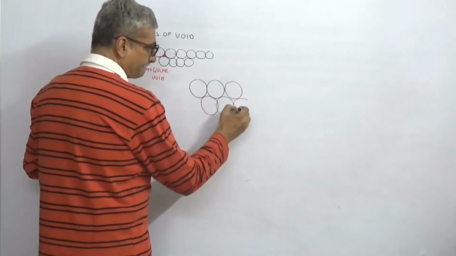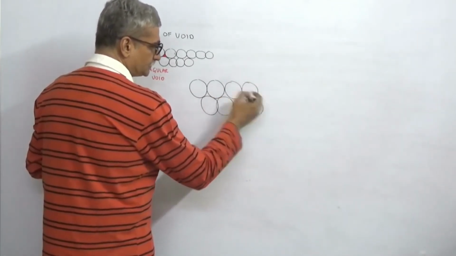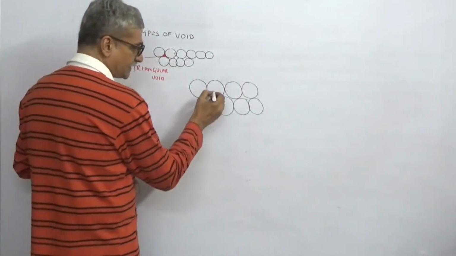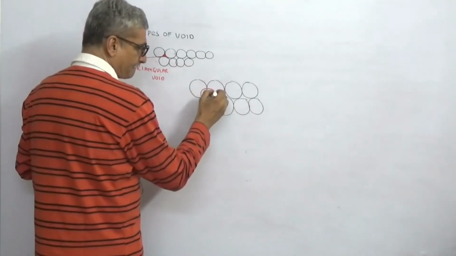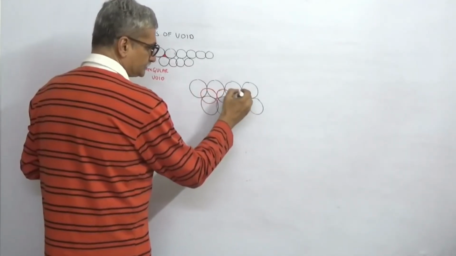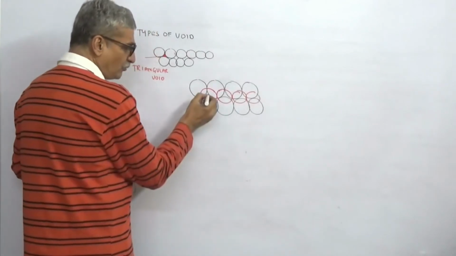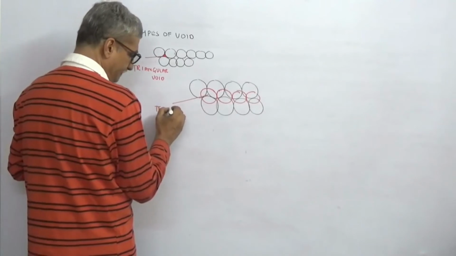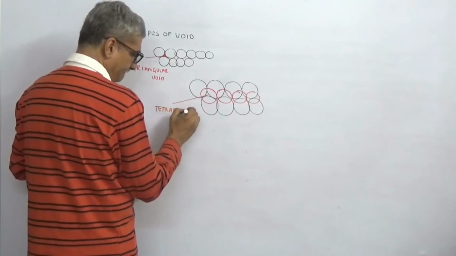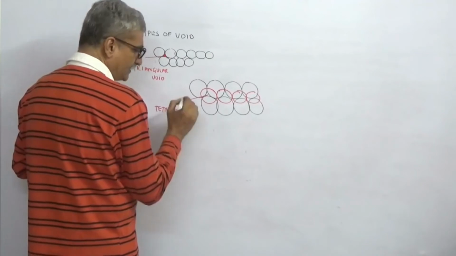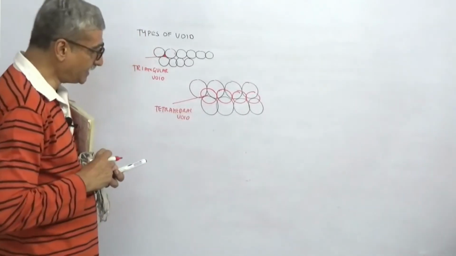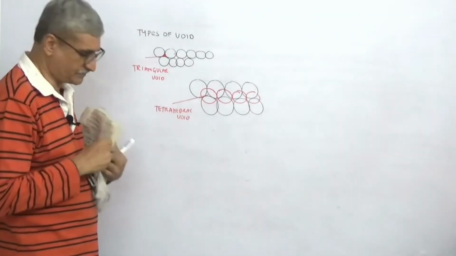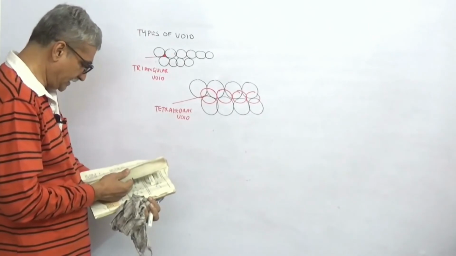Okay, so in this triangular void, if the second layer is like this, then this void now will be called as tetrahedral void. So what is a tetrahedral void? Tetrahedral void is a triangular void on which one more atom is placed. So that will be called as a tetrahedral void.